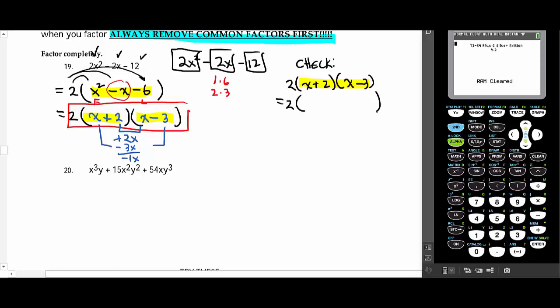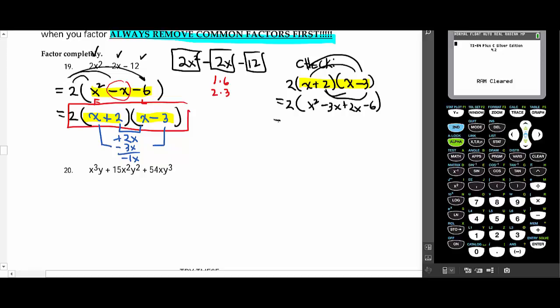Or you could do 2 times x plus 2, get the answer to that, then FOIL it times the x minus 3. So if I FOIL this, I'm going to have x squared minus 3x for the outer, plus 2x for the inner, and then minus 6 for the last. I'm actually just going in reverse of what I did anyway.